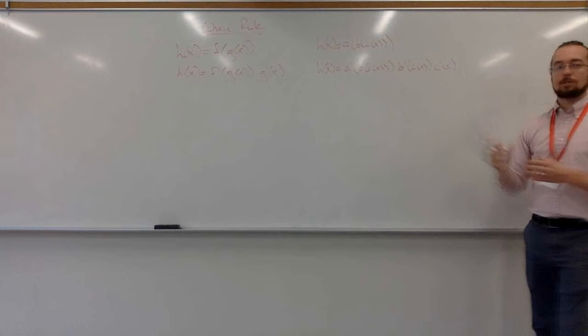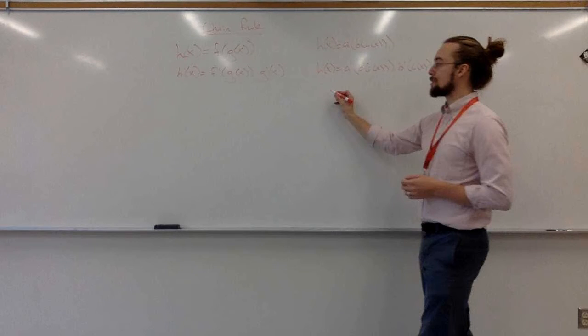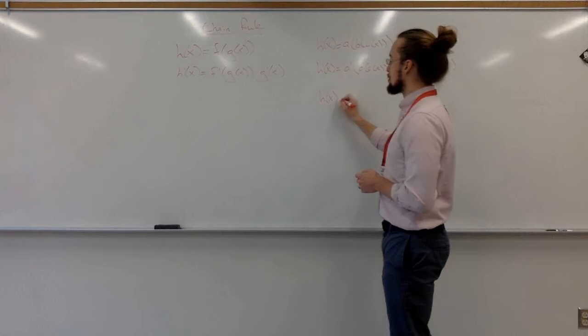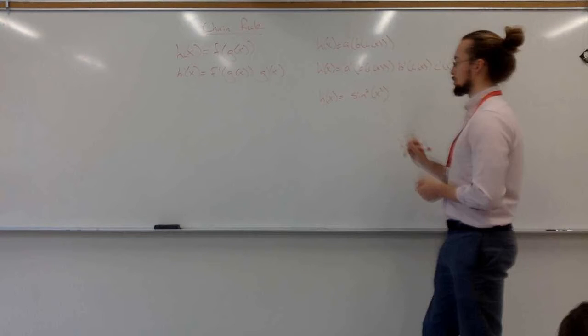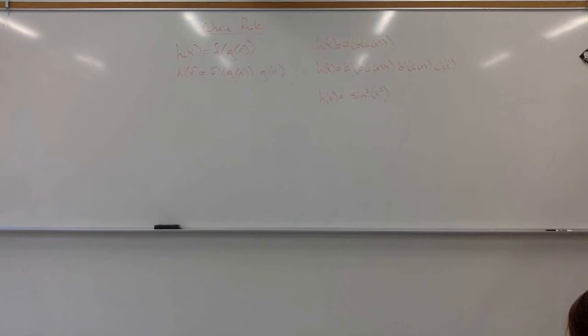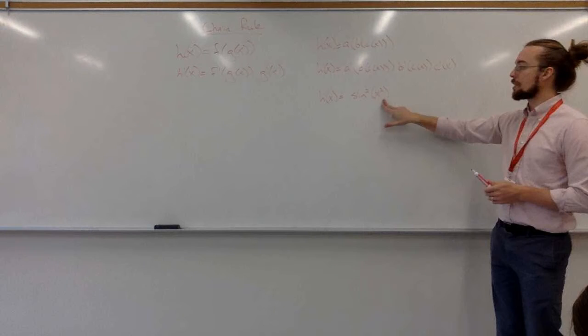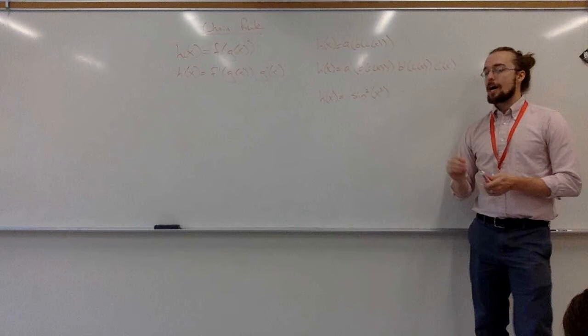Now, the place where we would see something like this most often is maybe a trig function. So something like this, if I say sine squared of x squared. This is actually a 3-layer chain rule problem. It doesn't really look that complicated right off the bat, but this is actually a 3-layer problem. Now, when we have trig functions like this, we write the exponents here, which makes it a little bit tricky to see the layers.